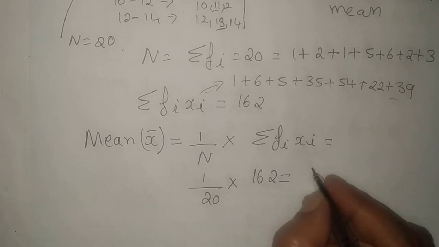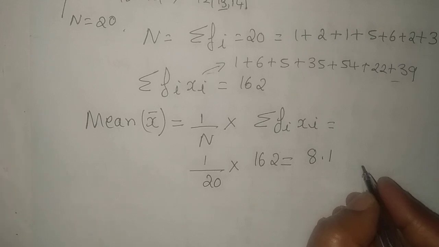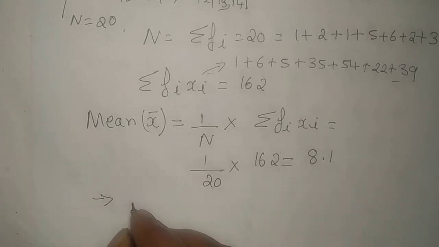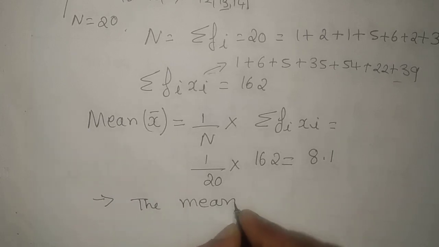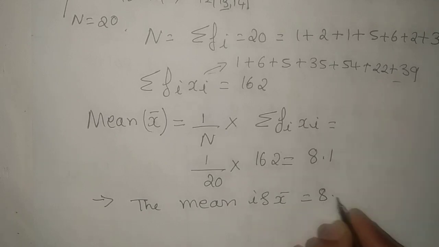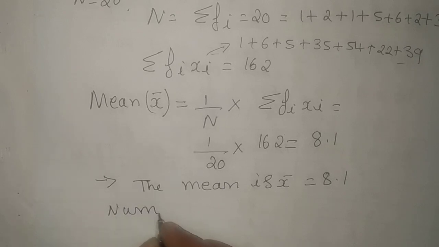Then simplify this, we will get 8.1. So finally the mean x bar is equal to 8.1, that is the number of plants per house.